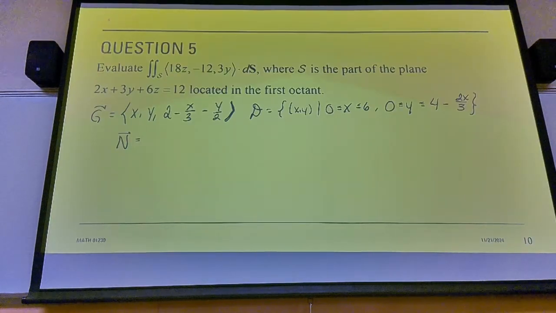It means either normal vectors point out of the surface or into the surface. It's not mentioned here, which means we, by default, assume outward. That is considered to be the positive orientation. Just like counterclockwise is positive orientation, outward pointing would be positive orientation. So we're going to use outward pointing normal vectors. That's important to keep in mind. N.